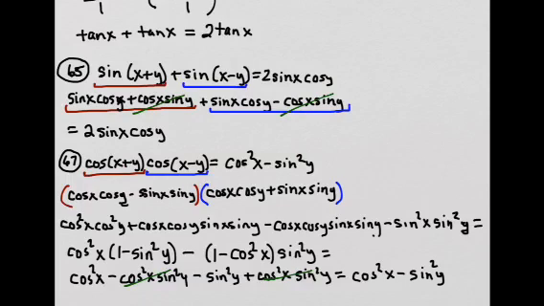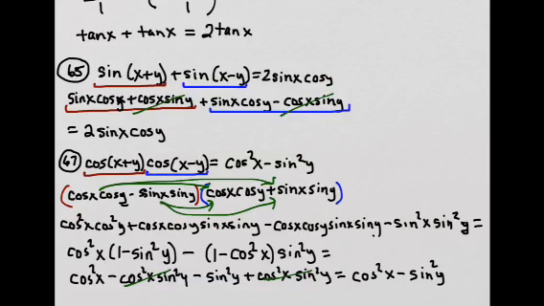So distributive property, this times this gives you this, and then this times this. I should probably draw lines. So here's the first term, and then the second term, then the third term, and then the fourth term. And you see them right here: first, second, third, and fourth term.